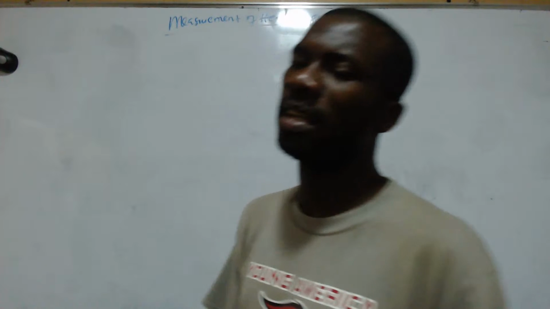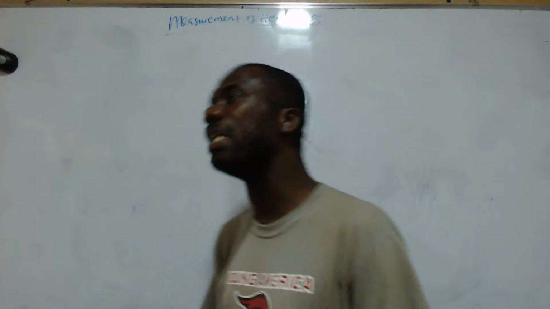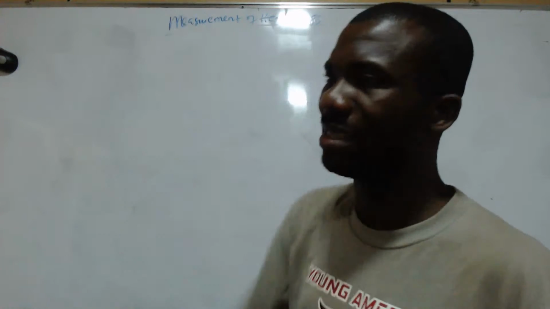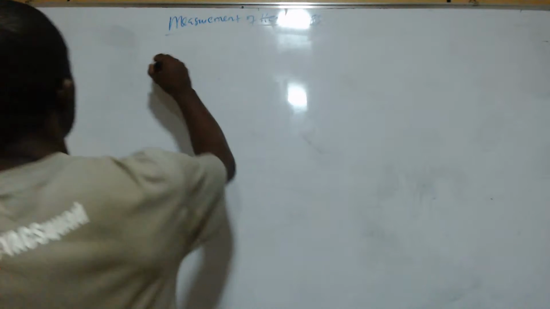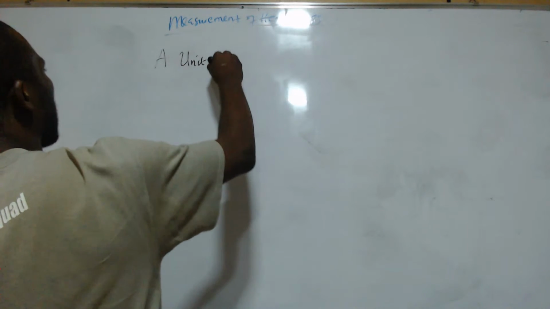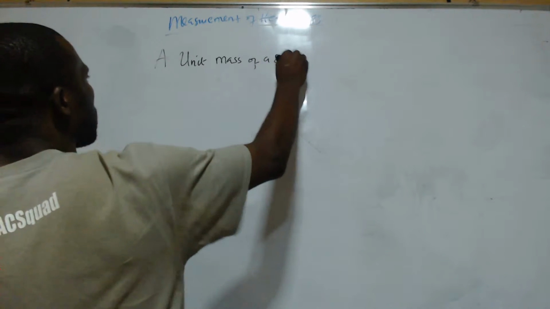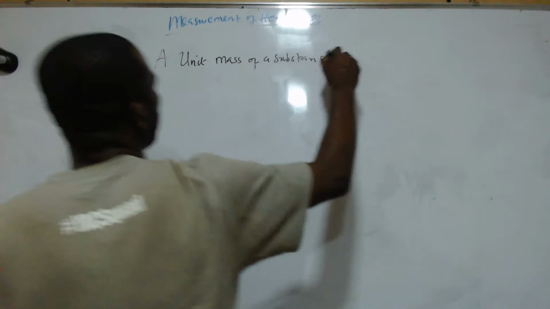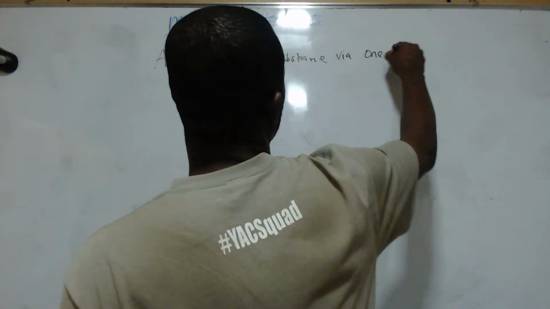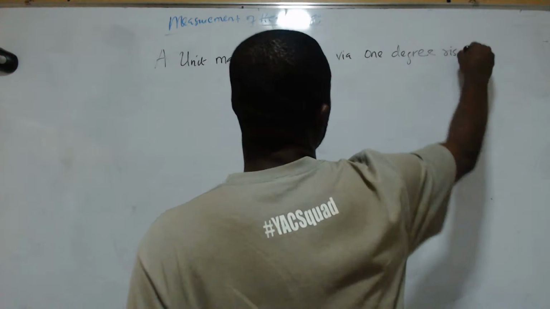Now, what does specific heat capacity mean? The specific heat capacity of a material is the quantity of heat required to change a unit mass of a substance by 1 degree rise in temperature.